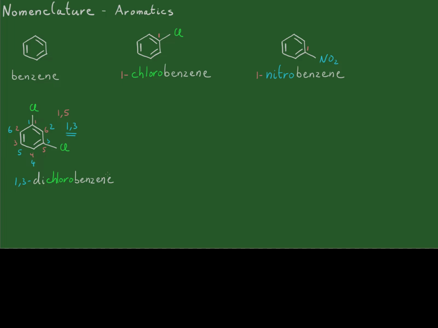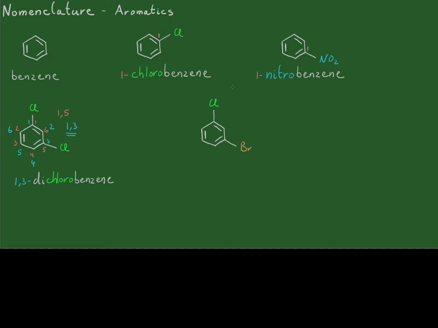All right, let's make it more complicated. So here's the aromatic ring. And this time, I will add 2 different substituents. So we will have chloro, but we will also have bromo. So we need to decide which one of these gets priority.